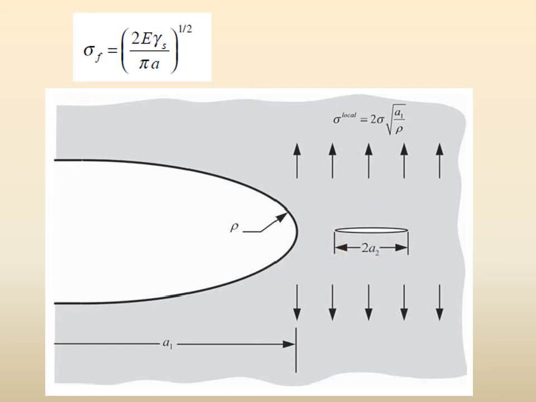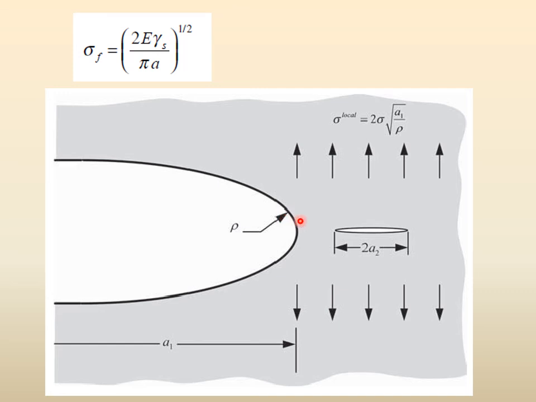Now what you really want to concentrate on is that if this situation is there, then they have already given you the equation for the localized stress here, because there is a large crack, there is a stress concentration.